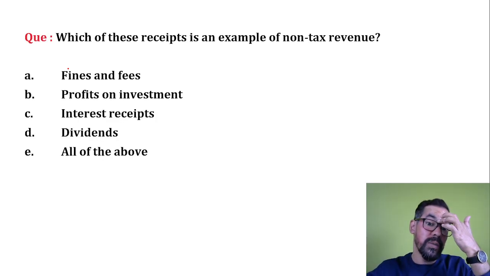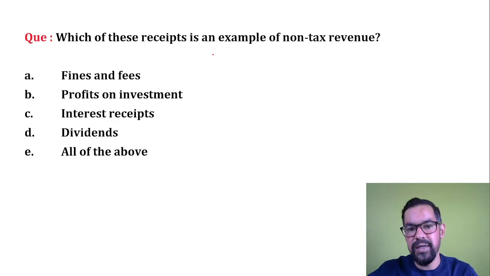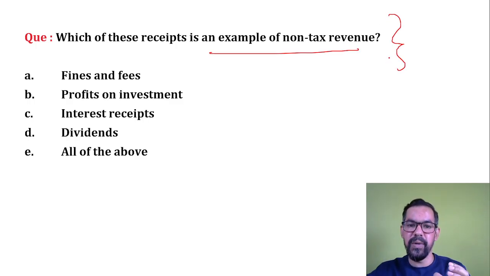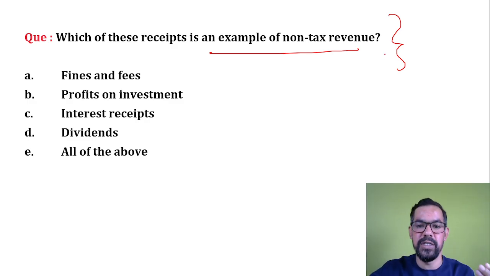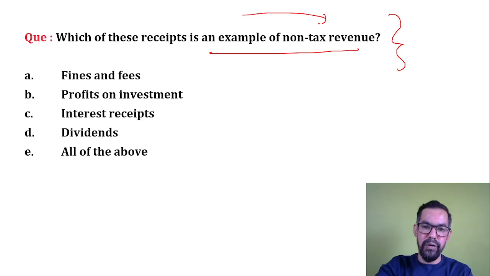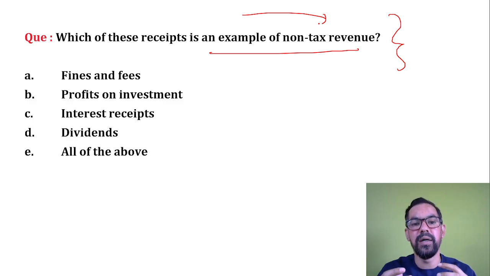Okay. So which of these receipts is an example of non-tax revenue? So tax revenue is income from taxes. We have two types of taxes, direct and indirect. Indirect, now we have GST. Now if you talk about non-tax revenue, it is income generated by the Government of India from sources other than taxes.